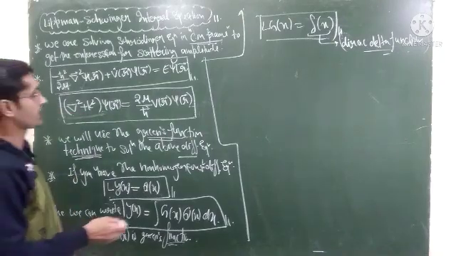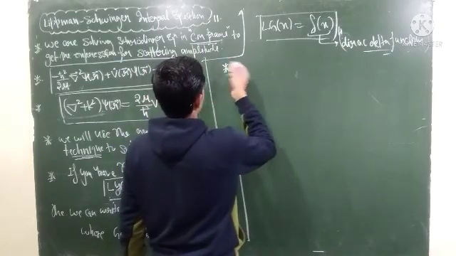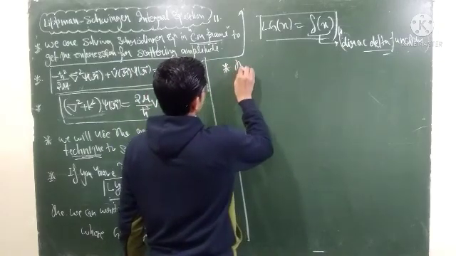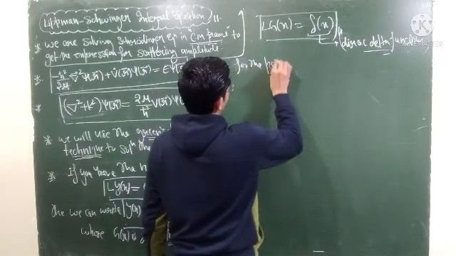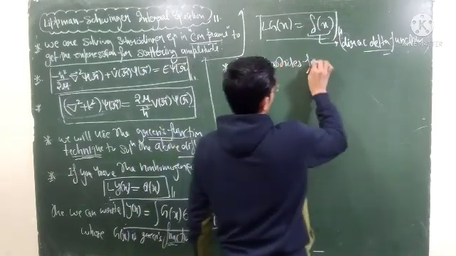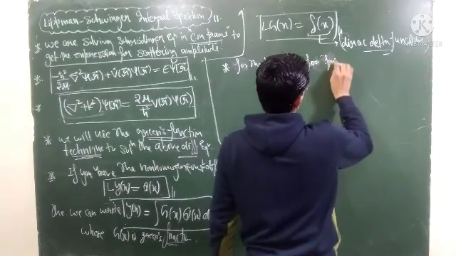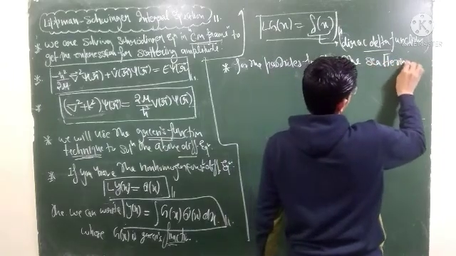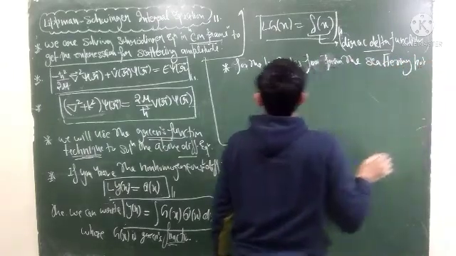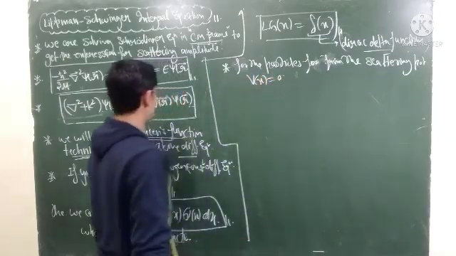equation, right? So before that, we know, for the particles far from the scattering potential, that V of x is 0, right?